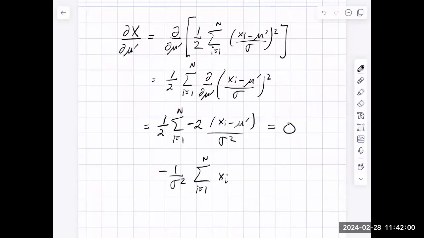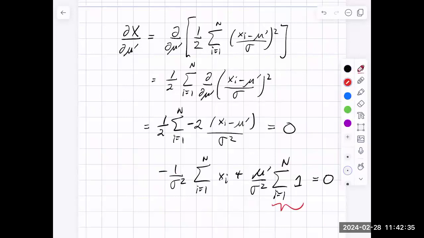We'll get a mu prime over sigma squared, which are constant, so it'd be plus mu prime over sigma squared, sum of i equals 1 to n. And let's see, the 2 we canceled, the minus sign and the minus sign became a plus. We've dealt with the mu prime, we've dealt with the sigma squared. And so this sum is just acting on just 1, right? We factored everything out of the sum, so all that's left is this 1. And all of that would have to be equal to 0.